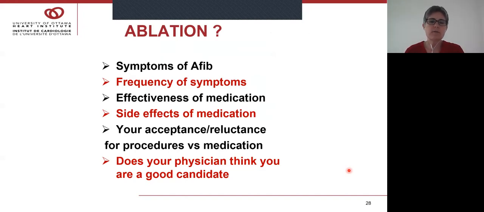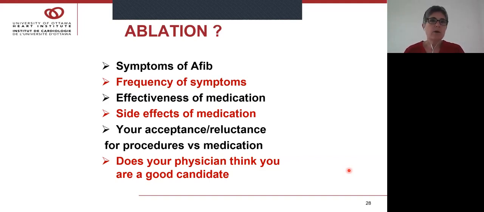And sometimes a factor is an individual's acceptance or reluctance of procedures versus medications. Some people say, I don't want any procedure, I don't want any risk, and other people don't want to be on medication. So sometimes that's a personal preference. And ultimately, does your physician think you're a good candidate after the two of you have a discussion?